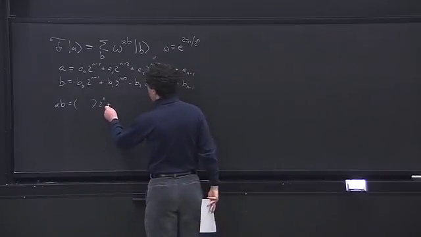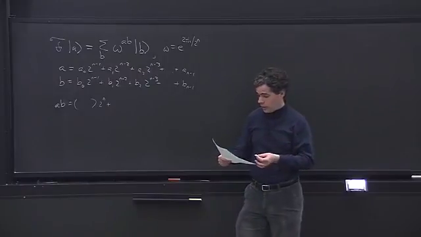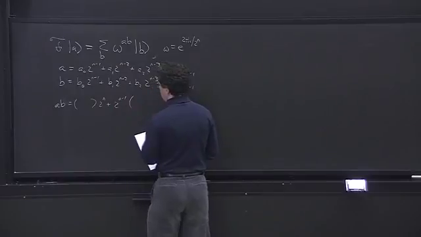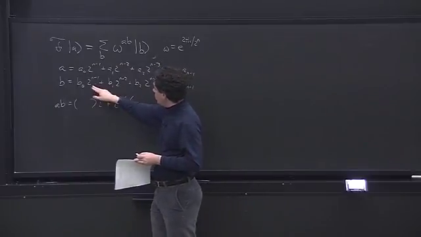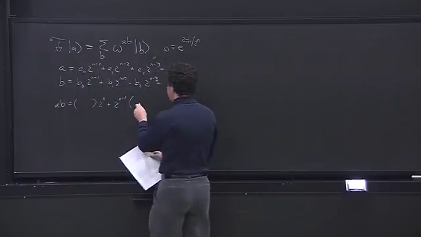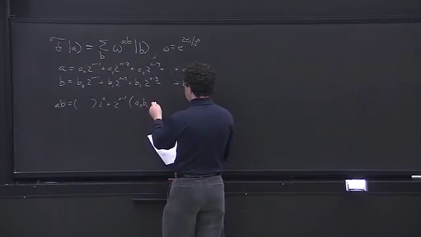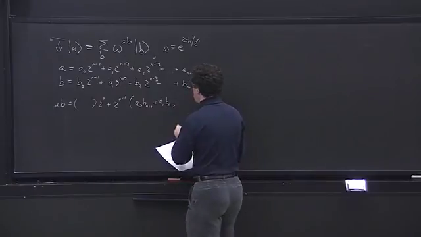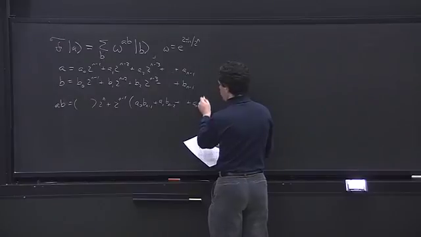So let's start counting, when we do this multiplication, things that have powers of 2 to the n minus 1 or less. So what's the coefficient of 2 to the n minus 1? Well, we get A0 B n minus 1, and A1 B n minus 2, and so on, down to A n minus 1 B0.